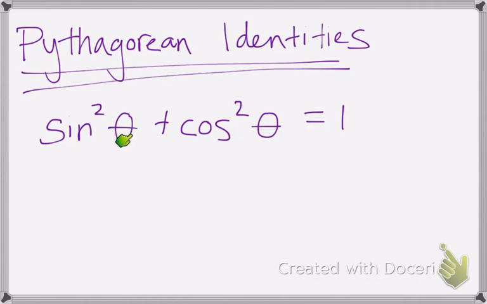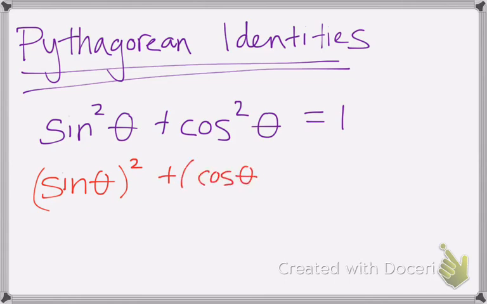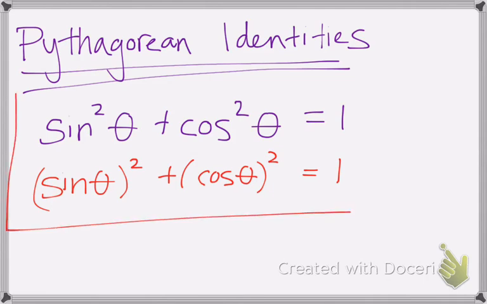If you don't have somebody who sits here and spells it out for you, sometimes it's hard to know what you're talking about. So I'm going to rewrite it in a different way. These are one and the same.